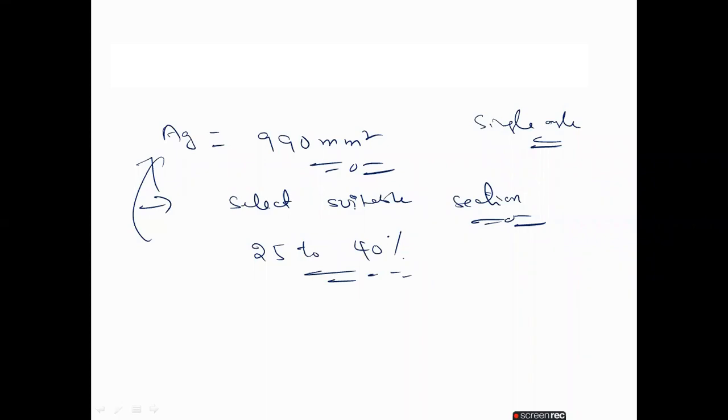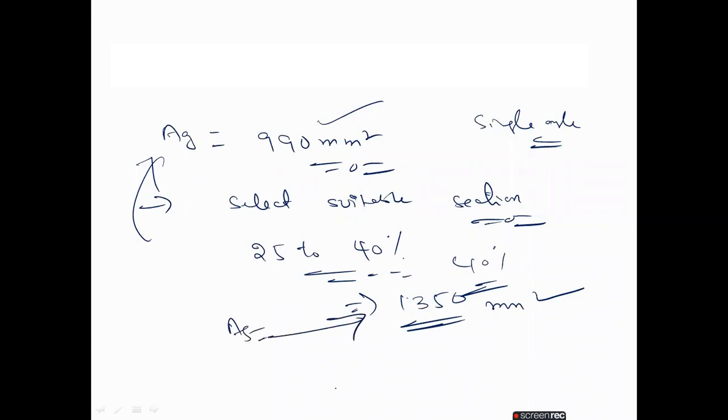Suppose I add around 40 percent, it may be around 1350 mm square. If Ag is around 1350, what is the suitable section?